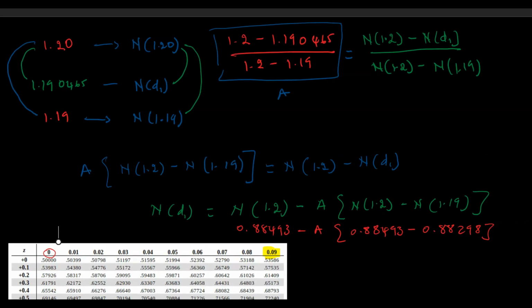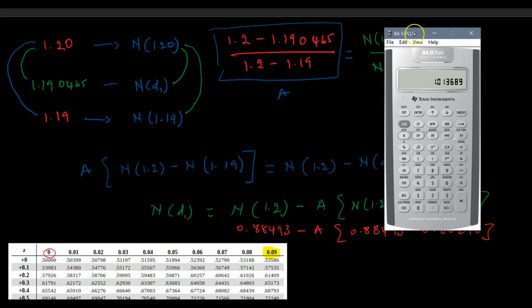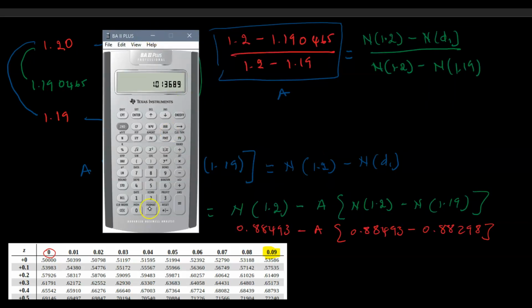Let's solve for A here for a second. What we're going to do is 1.2 minus 1.190465 equal, and I'm going to store that. Then I'm going to do 1.2 minus 1.19 equal, I'm going to do the inverse of that, and multiply that by the recalled value, equal.